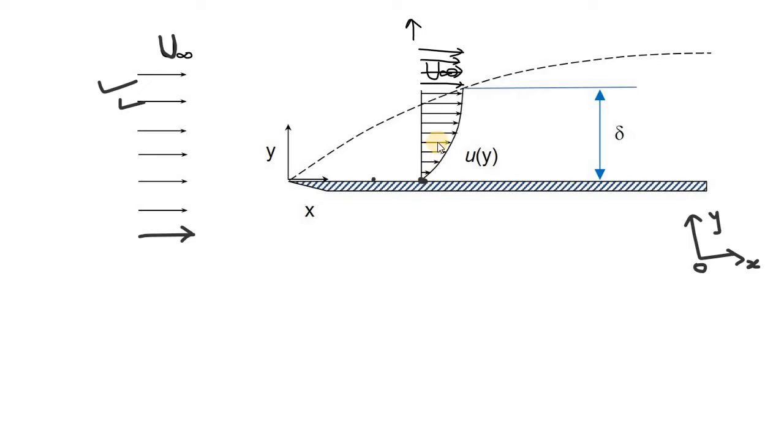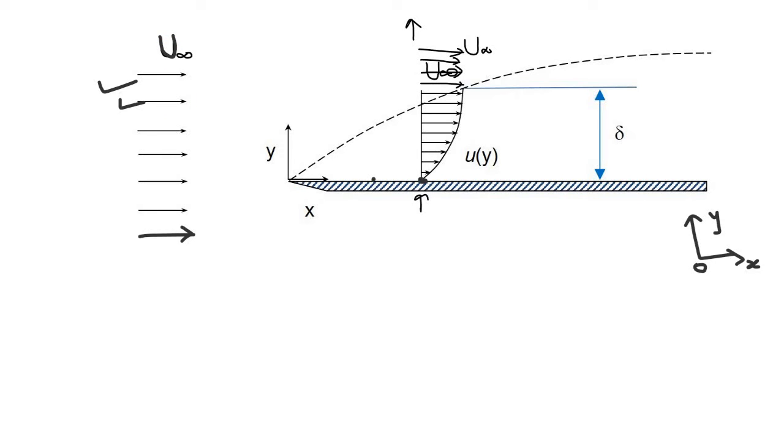So the velocities of the layers will go on continuously increasing until it reaches the free stream velocity, which is u infinity. This is at this particular section of the surface of the plate.